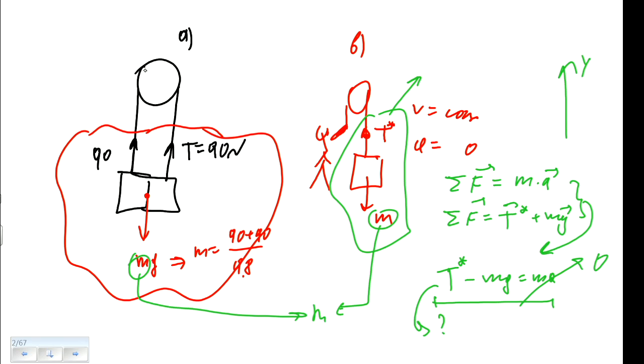If velocity is constant, it doesn't really matter if it moves up or down, as long as velocity is constant. And we know that the acceleration has to be equal to 0. So the question of how it is moving in this situation just doesn't matter, as long as velocity remains constant. If velocity starts changing, the direction will matter.